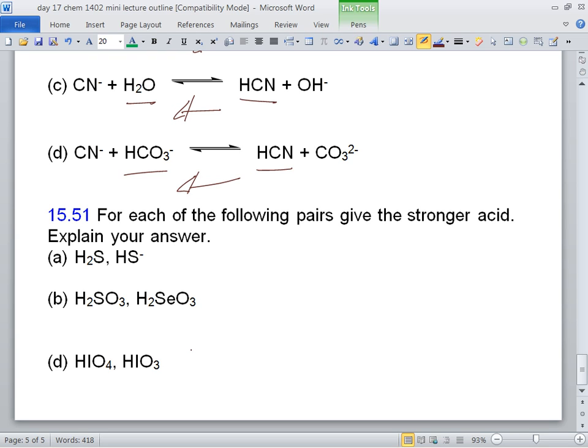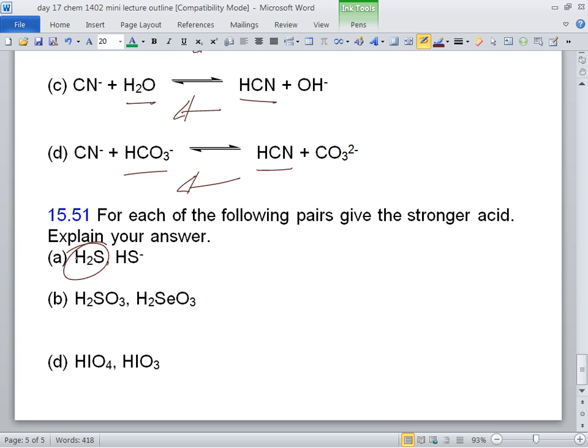Okay. Mia, what would you say for the first one? Which one's stronger? I'd say, yeah, but why? More hydrogens, I would say that too. That's a good answer. It has more hydrogens. The first one's going to be a lot easier to give up than the other one.